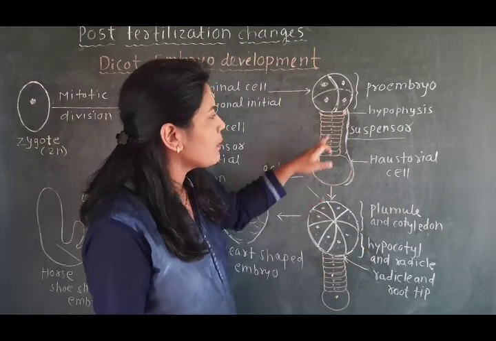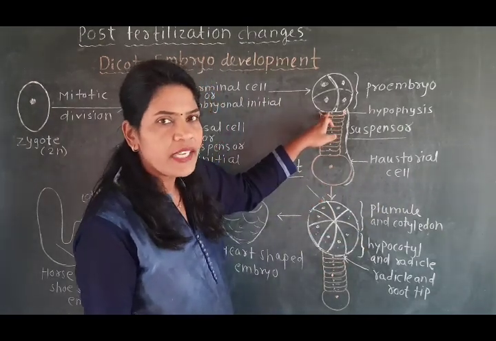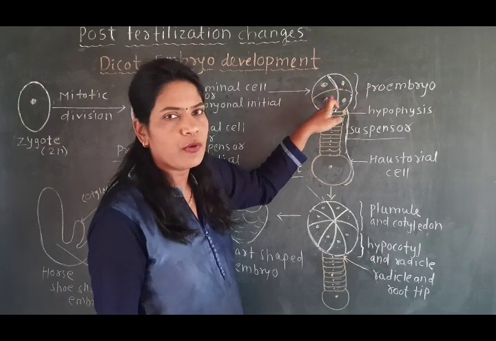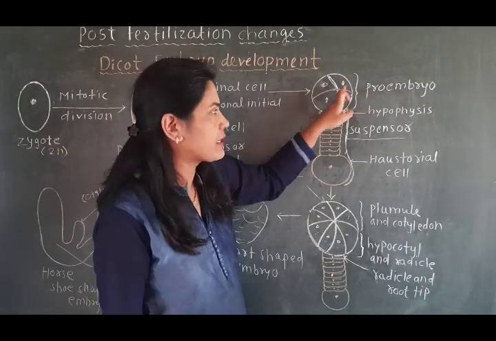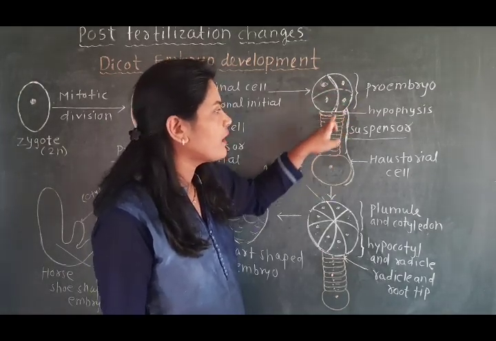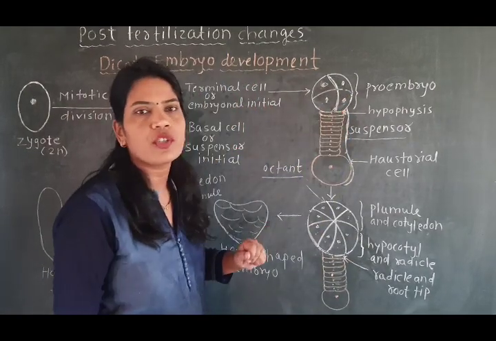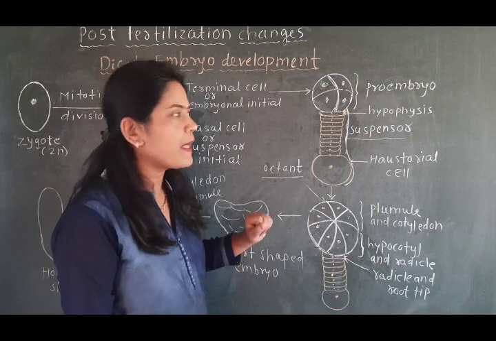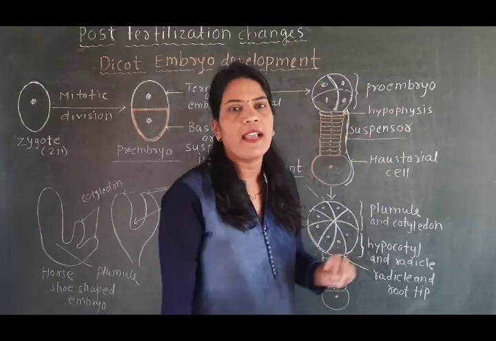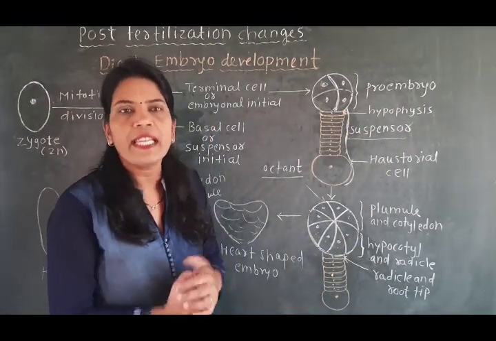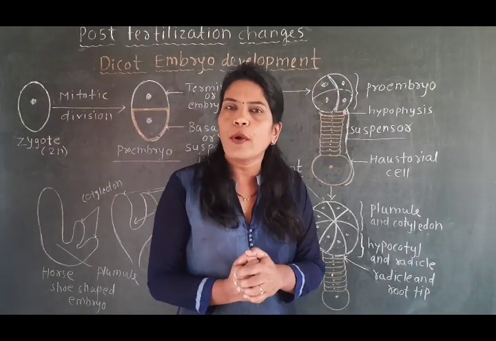While the lowermost cell of the suspensor, which is near the proembryo, is called the hypophysis. These 2 points are very important from the MCQ point of view.